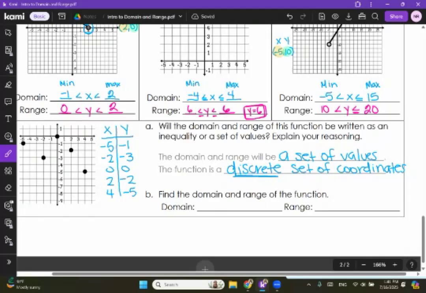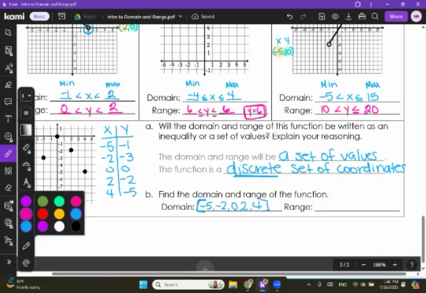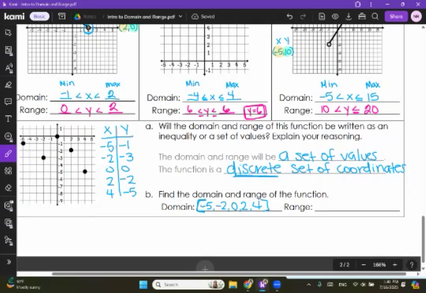Well, the domain, since it is discrete, I just list the numbers in order from least to greatest. -5, -2, 0, 2, 4. The range, list the numbers in order from least to greatest. And those are out of order. So let's try to do this right. -5, -3, -2, -1, 0 being the highest.